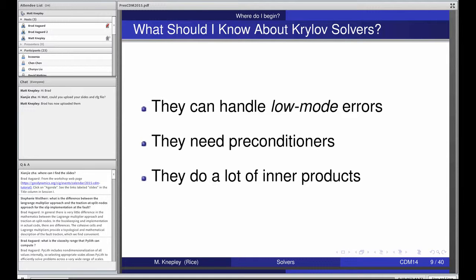They build an orthogonal basis for the small subspace. They project orthogonally or semi-orthogonally your problem into that subspace. And so they do a lot of inner products. And inner products are costly on today's hardware, especially on parallel machines.